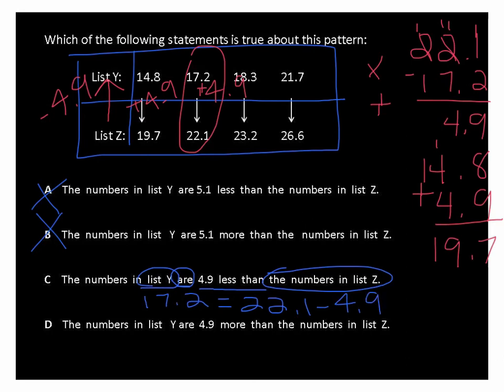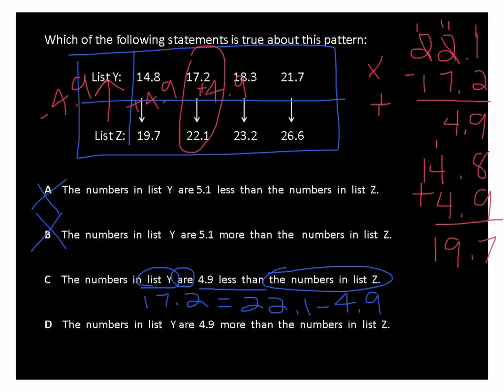One thing that I've told my students is that when you see less than, typically the number before that and the number after that are going to trade places. And that's exactly what we see here. So this 4 9/10 went to the end. The number that we used to represent list Z went to the beginning.